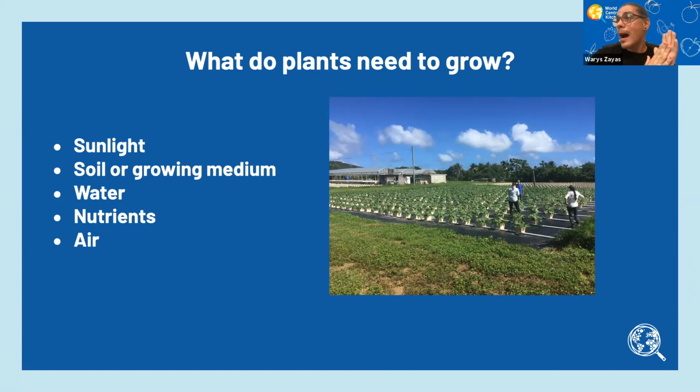And I put growing medium here because this picture was taken by me a few months ago, during my first week of work at USBI. It's at the farm named Tropic Hydroponics, from our friends there, and this is a production system that does not use soil. This kind of system is named Dutch buckets.